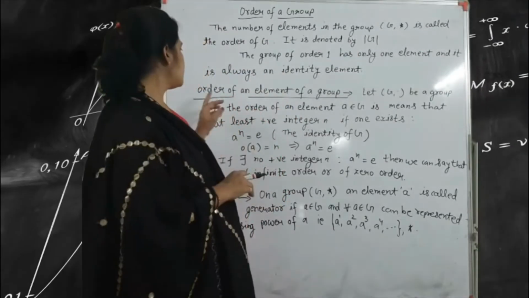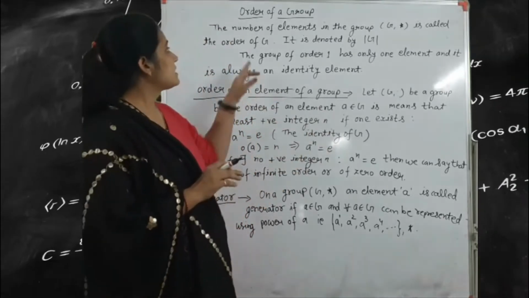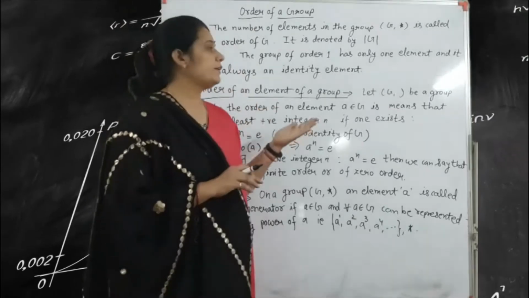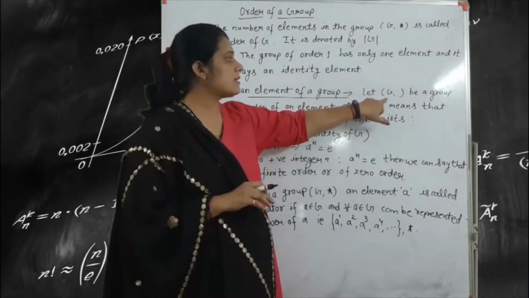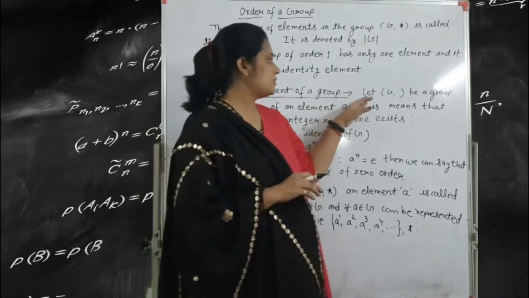Next is the order of an element of a group. This was the order of a group, and this is the order of an element of a group. For example, let (G, dot) be a group, where dot means the multiplication we consider here.